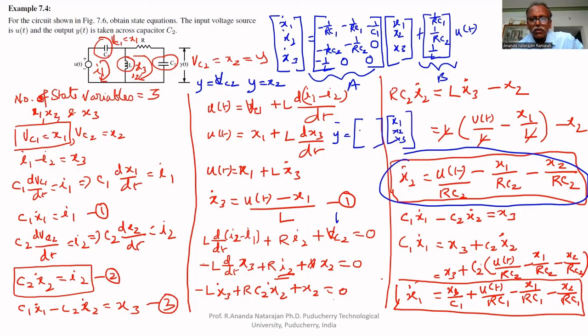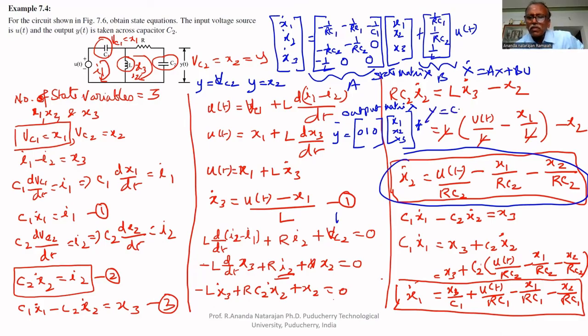Here only x2 is the output. Plus the D matrix is 0. That's all. This is the output matrix. This is the state matrix. That is x dot equal to Ax plus Bu.